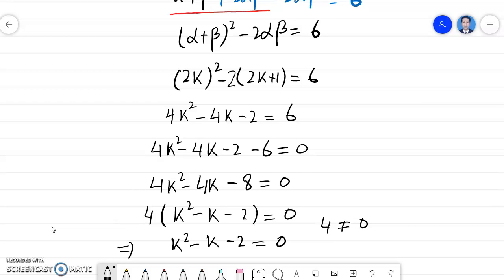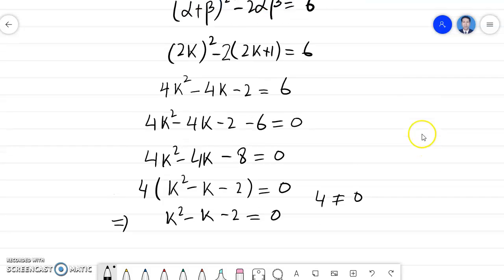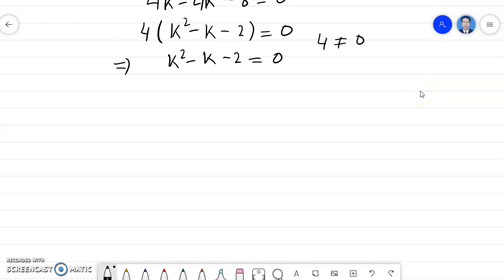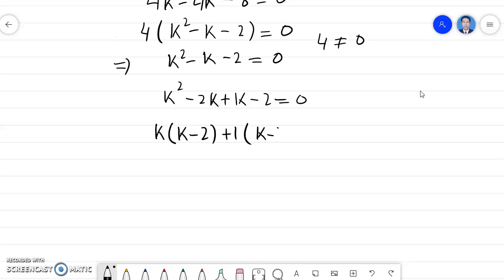Now middle term breaking: multiplying gives minus 2, adding gives minus 1. So this is k square minus 2k plus k minus 2 equal to 0. k should be common: we get k minus 2 common, k plus 1 common, k minus 2, this equal to 0.